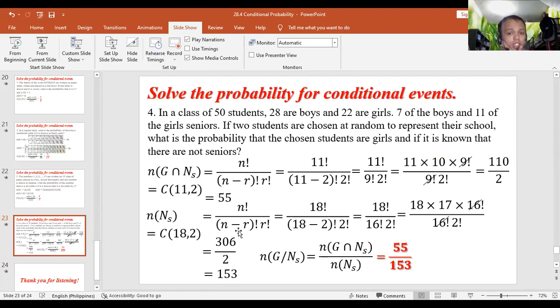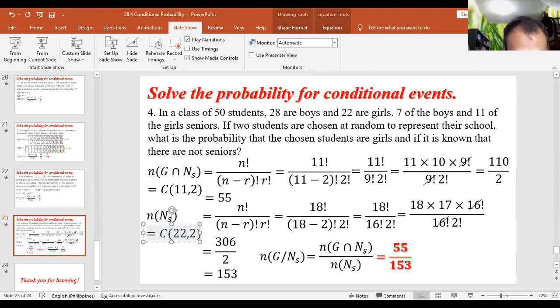Sa 50 students, ilan yung hindi senior? 18 dyan are senior, 7 and 11 are seniors. So 18. So 50 minus 18 is equal to 32.